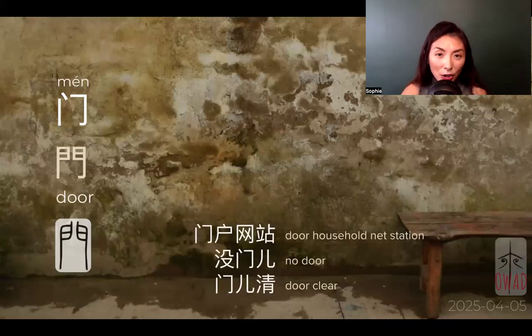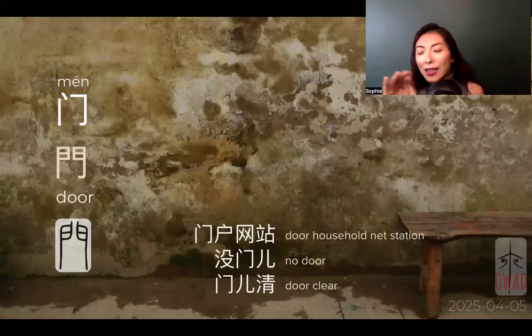门儿清 is another expression that's very Beijing dialect. That means somebody who has been here so long, an old-timer, who knows every door and where everything leads. So door clear. 清 originally means water is clear, meaning you can see things clearly. And 门儿清 means you know exactly which door to knock on.